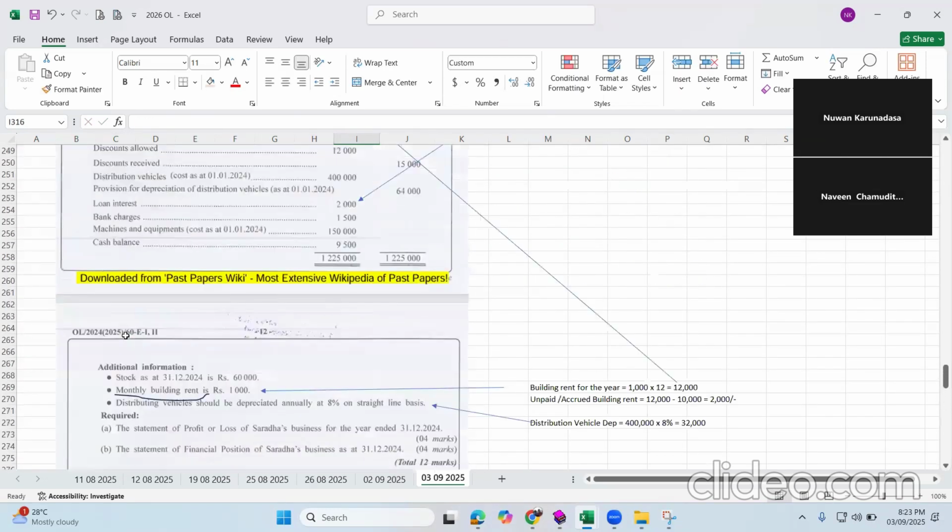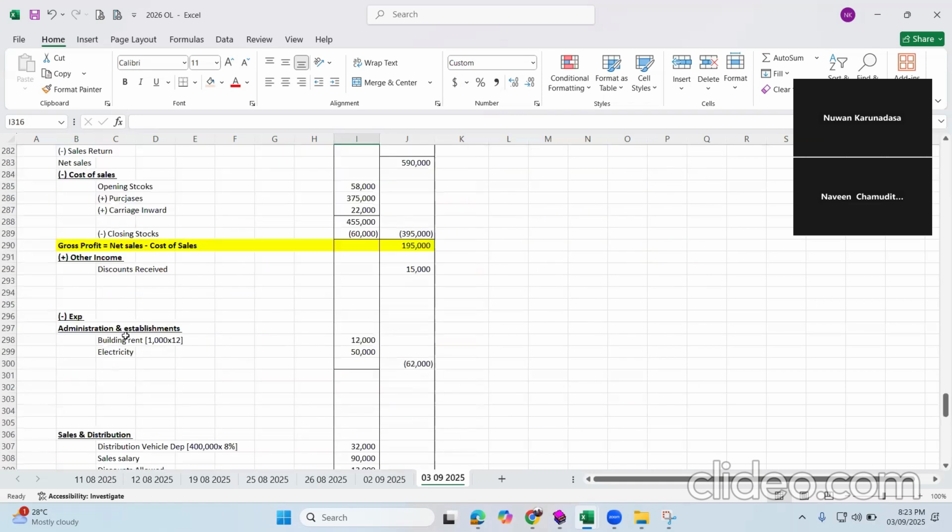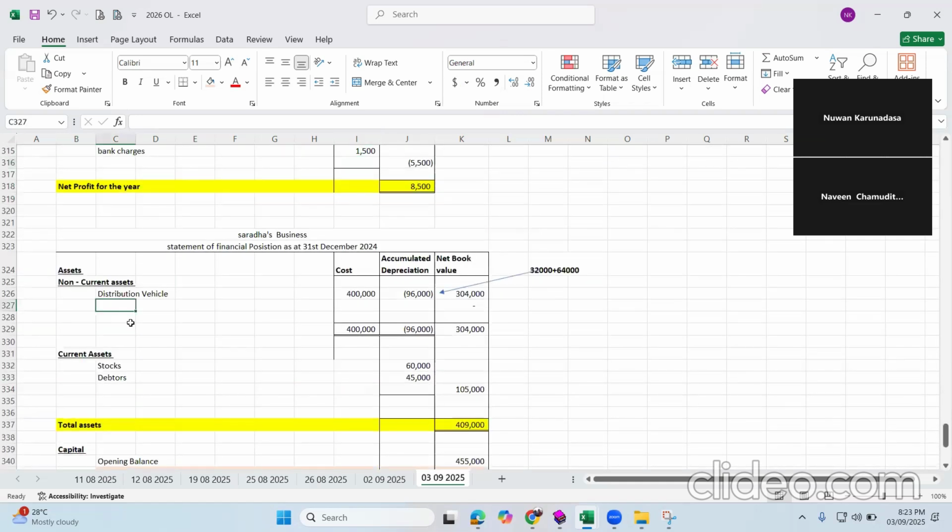Machines and equipment 150,000 fixed assets.